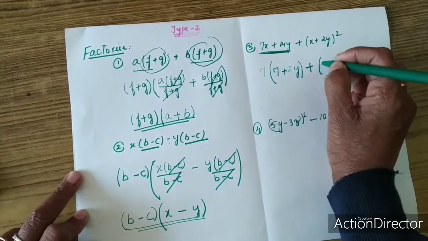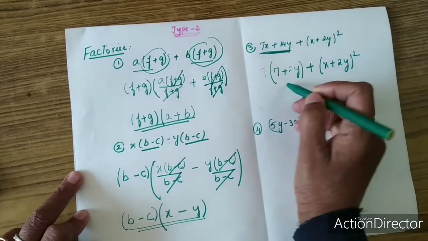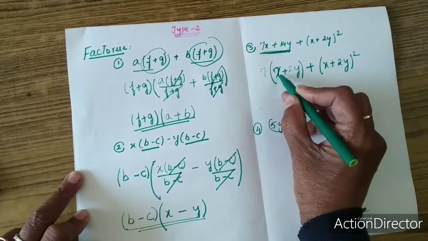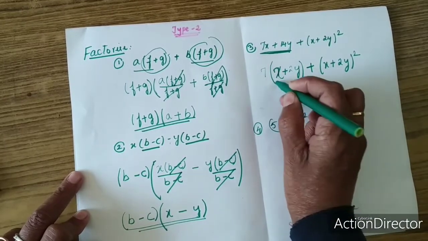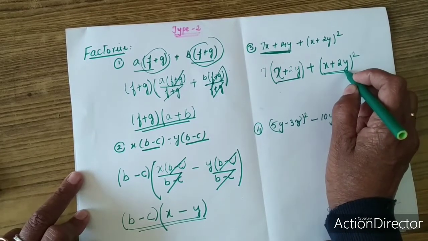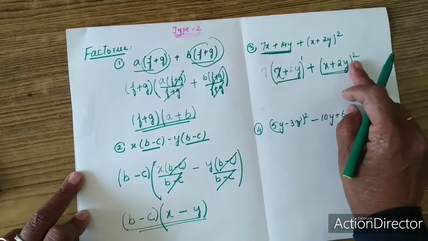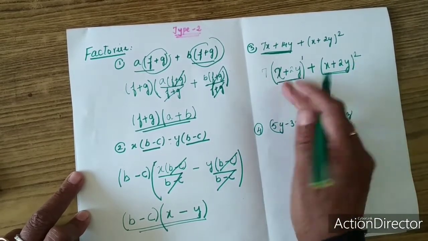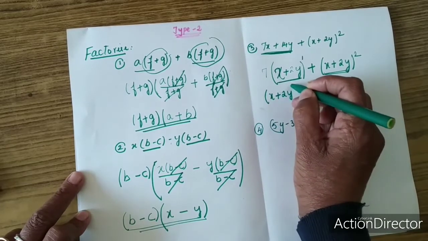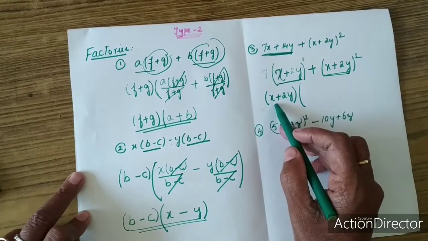Next, here it is (x plus 2y) whole square. Now, the HCF we have got is, sorry, here it is x, not 7. So x plus 2y. Now you have (x plus 2y) and (x plus 2y) whole square. That means here you have one time (x plus 2y) and here you have two times. That means my HCF will be (x plus 2y), and in the second bracket each term is divided by (x plus 2y).